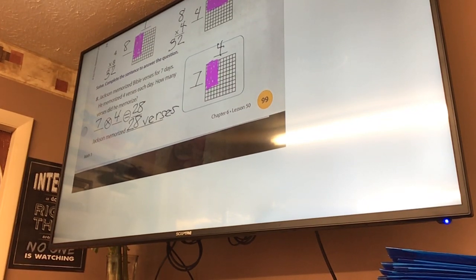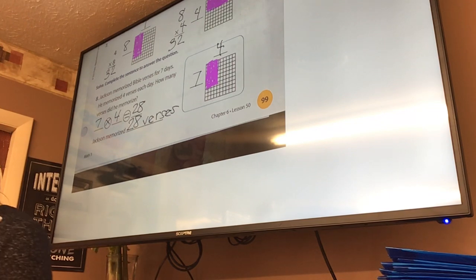And where did the jump end up? 24. So that means, how many jumps was it? 6. 6 times 4 is equal to 24. Very good. Stop talking now. 6 times 4 equals 24.